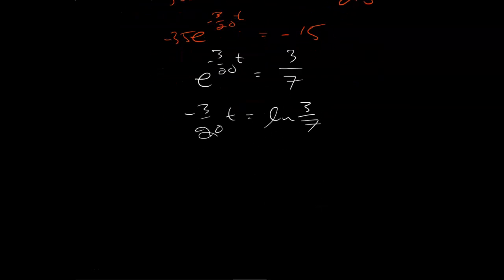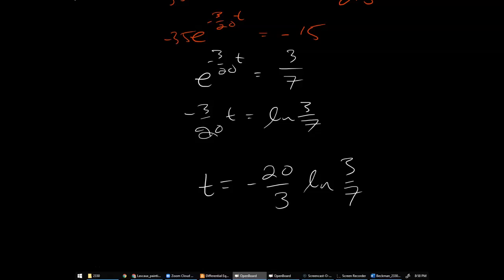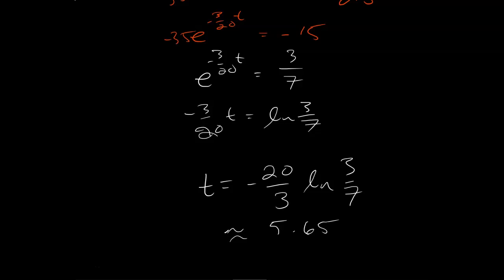As a final hurrah, t is equal to negative 20 over 3 natural log of 3/7. Allow me to pause the video while I put that into a calculator to get an approximate solution. This gives us an approximate time of about 5.65 minutes.